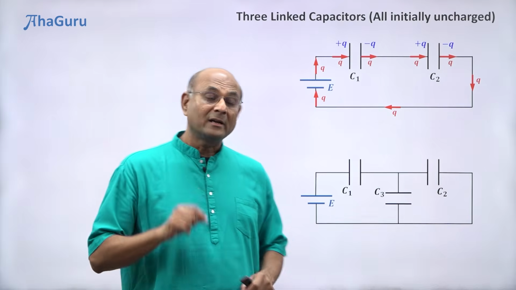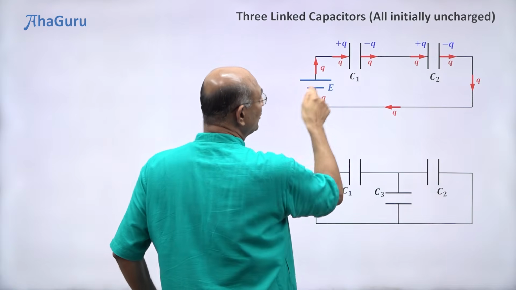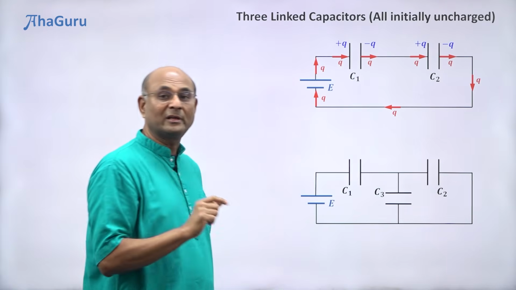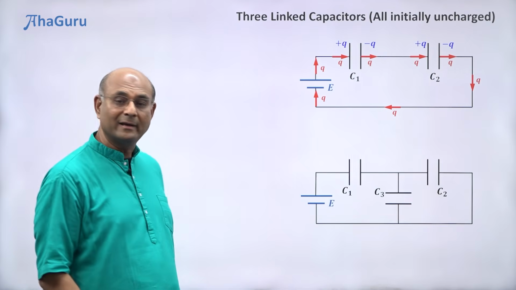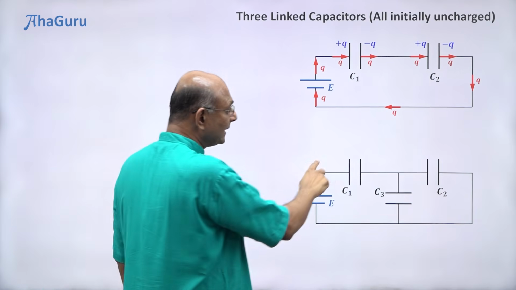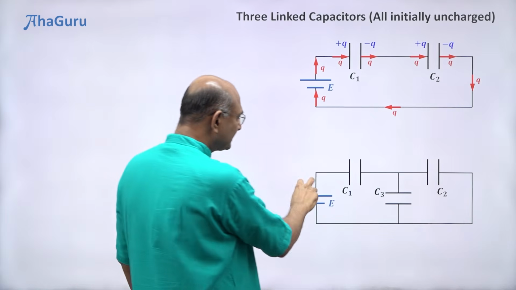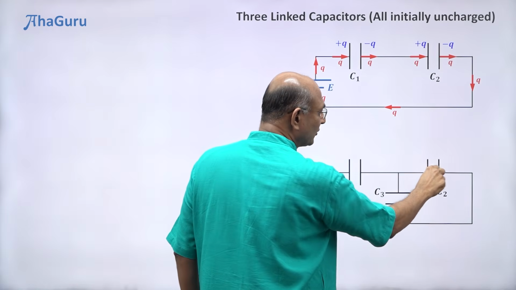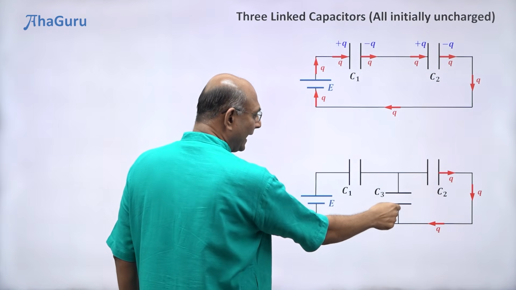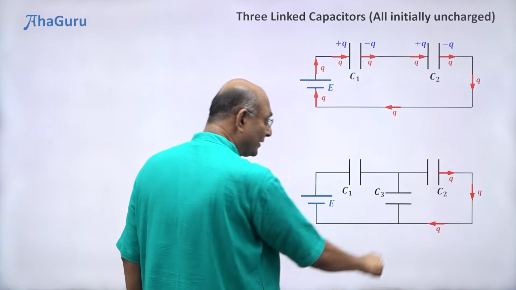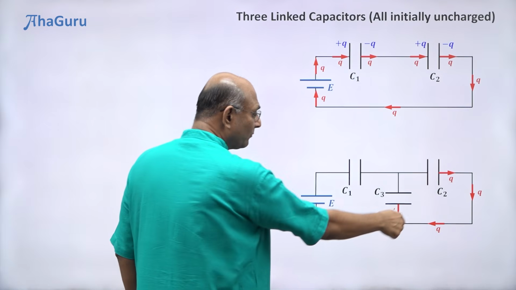We have already learned how to use the charge flows to find the charges on two linked capacitors like that, right? Let us try to use the same kind of thinking for three linked capacitors. So here this battery is going to pull a charge Q from that plate, and it is also going to pull a charge Q dash from this plate. And what is going to happen?